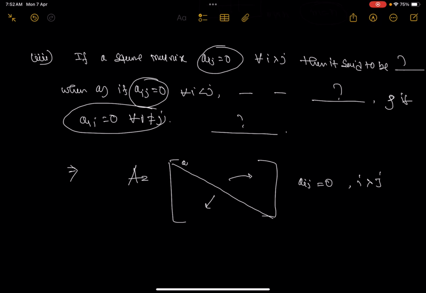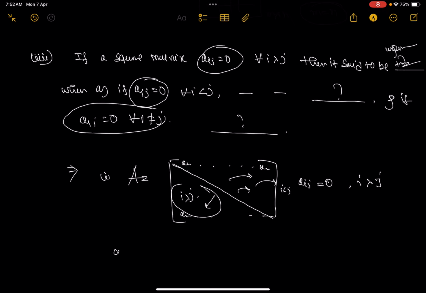So this is A11, this is A of m1. This is a diagonal element, where i equal to j. For this case, i is less than j. For this case, i is greater than j. So all of these elements are 0. But above, there is no restriction. So this should be an upper triangular matrix.